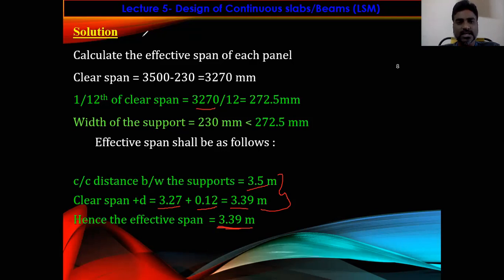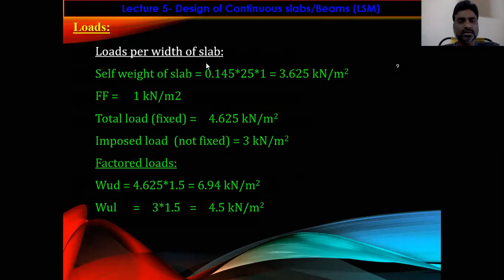Therefore our effective span is 3.39 meters. After determining the effective span, the next step is we need to determine the loads on a slab. So loads are calculated per width of the slab, that means per meter length of the slab. The first is the self weight of the slab, that is 0.145 into 25 into 1 meter distance, that is 3.625 kilonewtons per meter square, right?